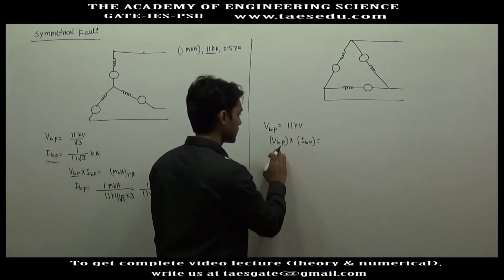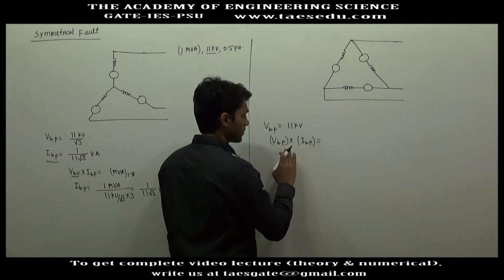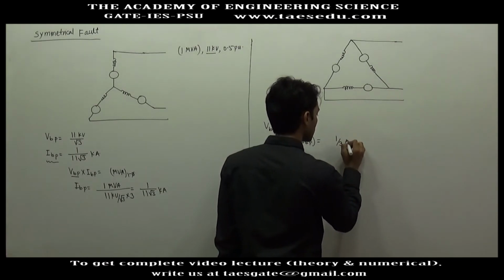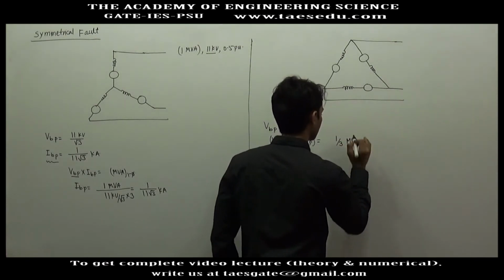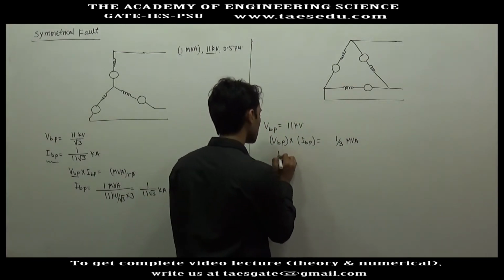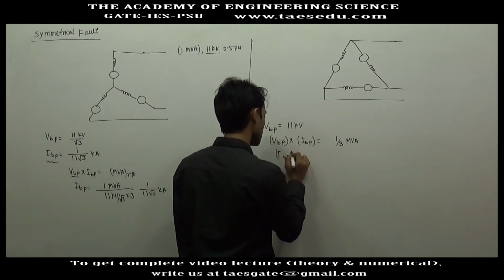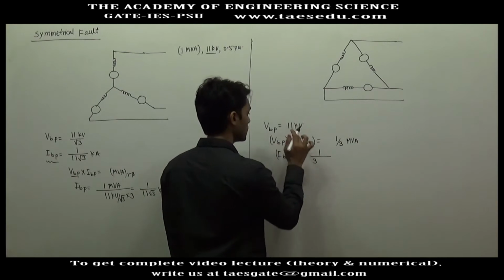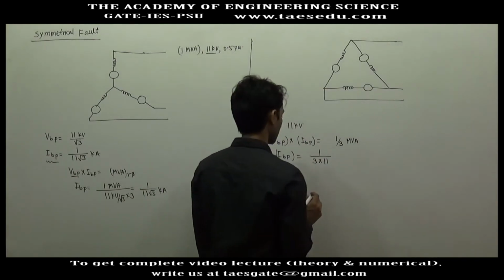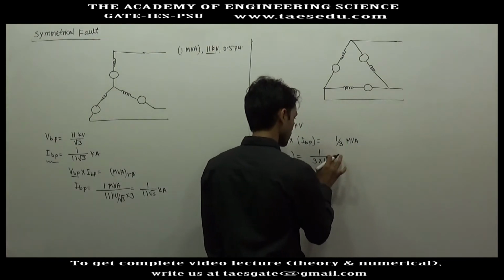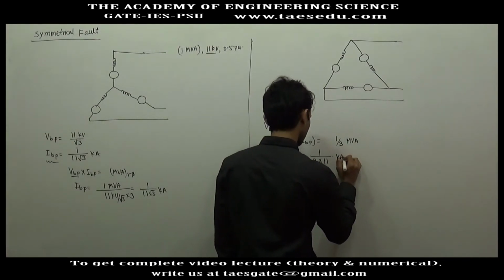In case of delta, again we will write phase voltage into phase current will be single phase MVA, which is nothing but 1 by 3 MVA. So base value of phase current will be 1 by 3 divided by 11, so you will get 1 by 3 into 11 kilo ampere.